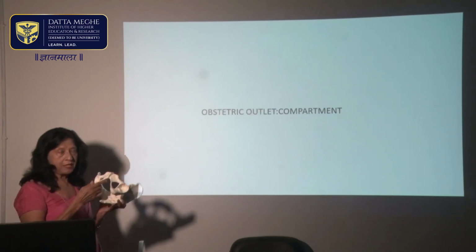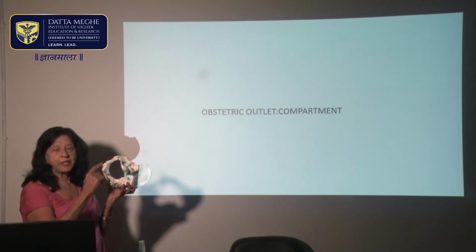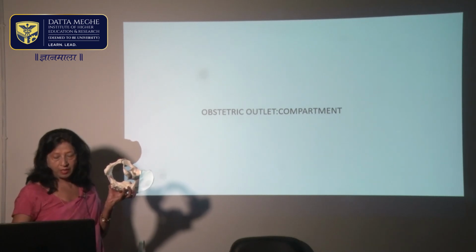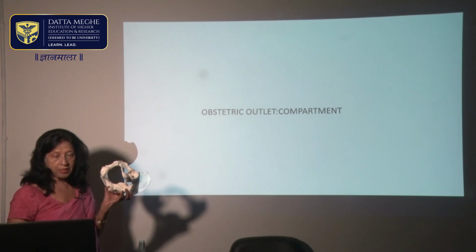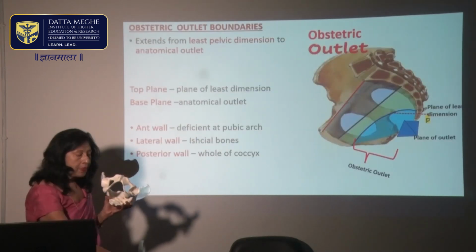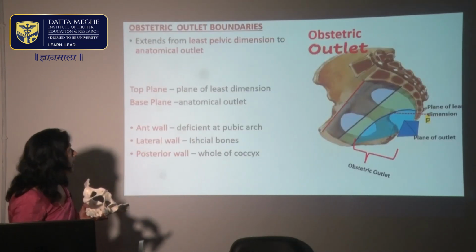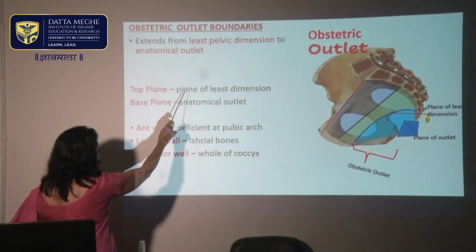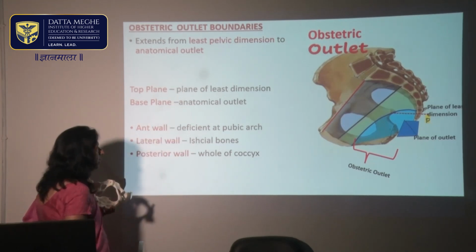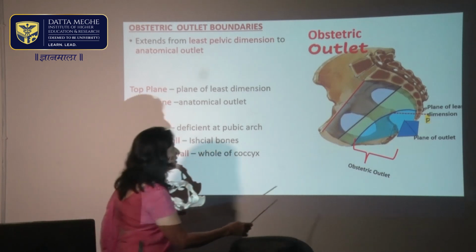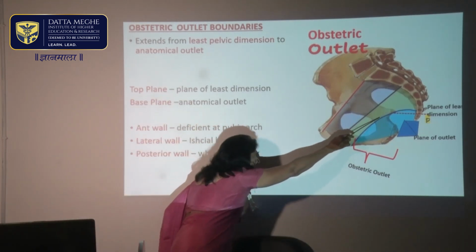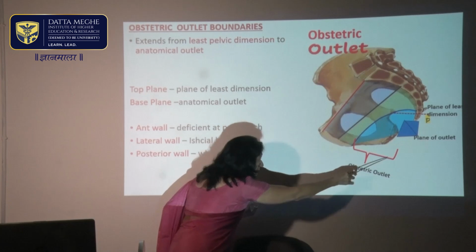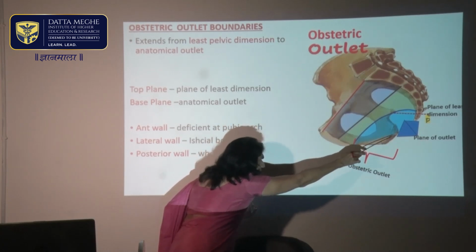Now, let us learn about the obstetric outlet of the pelvis. The obstetric outlet extends from the least pelvic dimension up to the anatomical outlet. This is the least pelvic dimension at the level of the ischial spines, and this is the anatomical outlet, a diamond shaped area.